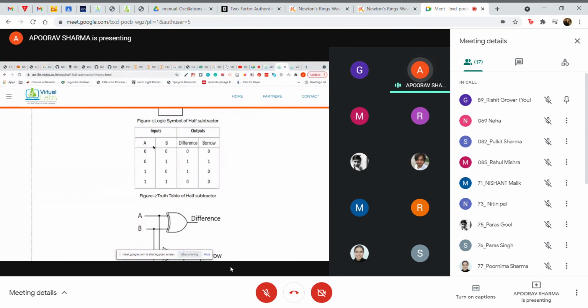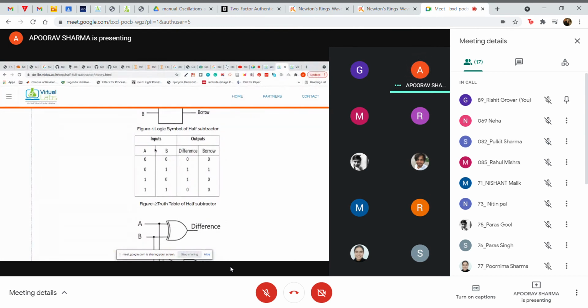So in your subtractor circuit, there are 2 inputs, and there are 2 outputs: one is the difference output, and the other is the borrow output. If you are taking a borrow to compensate your difference, a borrow output is generated, which is the case when your B input is higher than the A input. It is the only case when you have to take a borrow to carry out the difference operation.